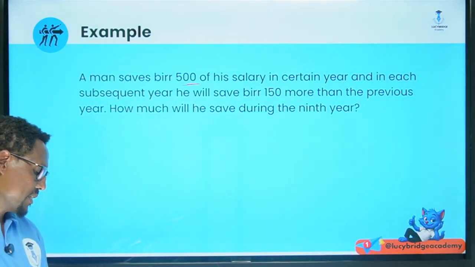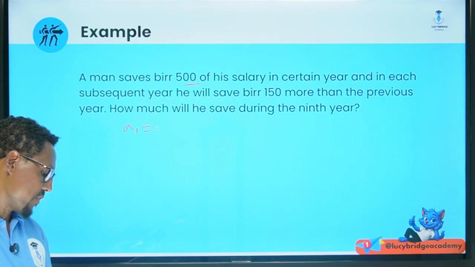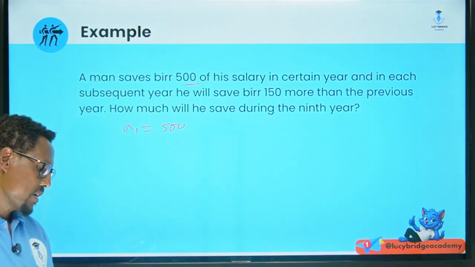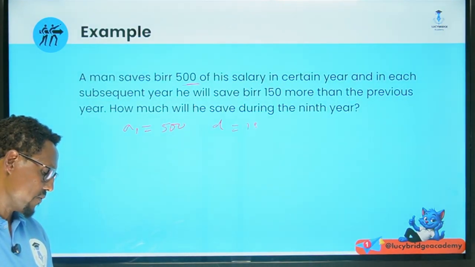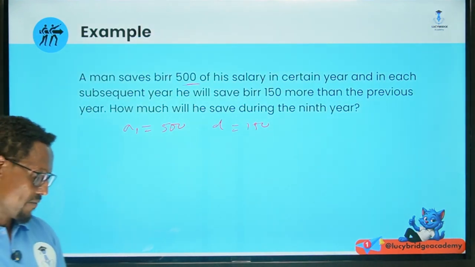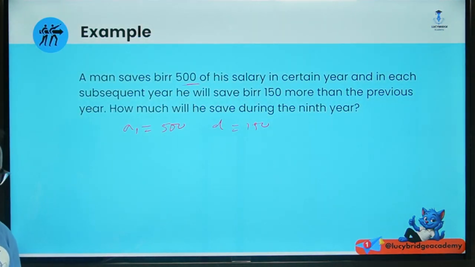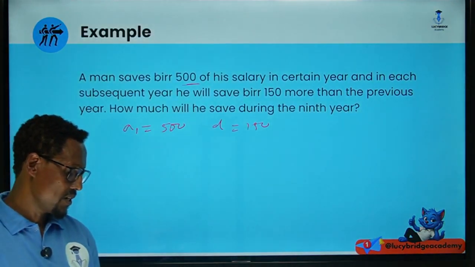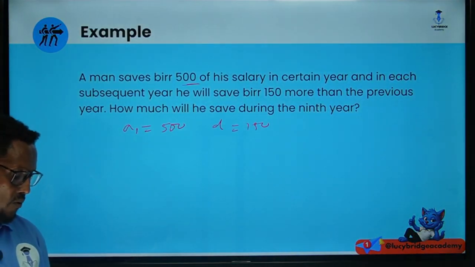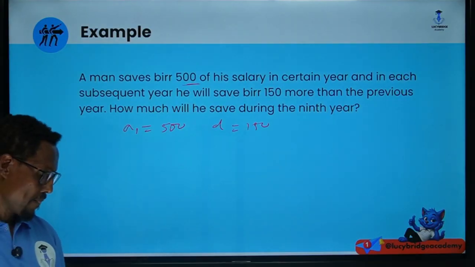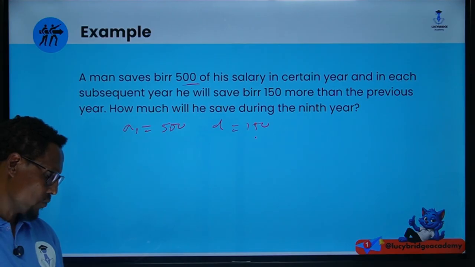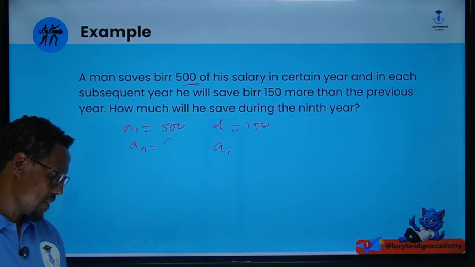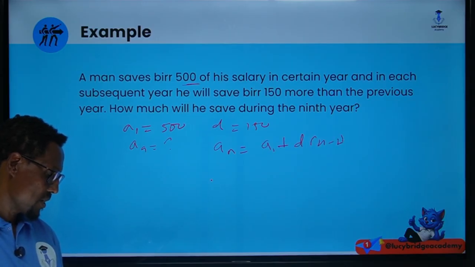Good, that means a1 is 500 and the common difference d is 150. Okay, so how much will he save during the 9th year? We are asked to find a9. All right, a9. So I know that a_n is equal to a1 plus d times (n minus 1).